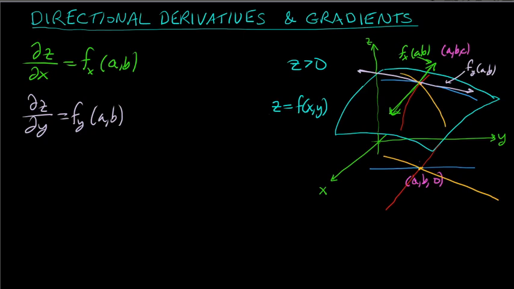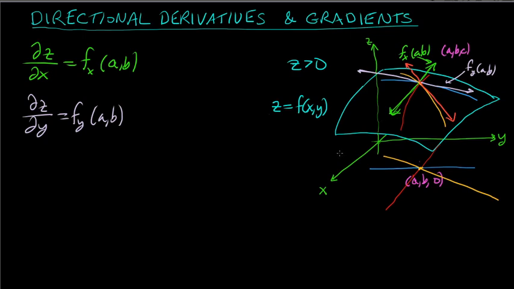Now if I go up to the surface, I get a tangent line with this slope. So how could I find the slope of that line in a particular direction that's not the x direction or the y direction? That's the idea of the directional derivative. It could be a derivative in any direction, not just the x direction or the y direction.